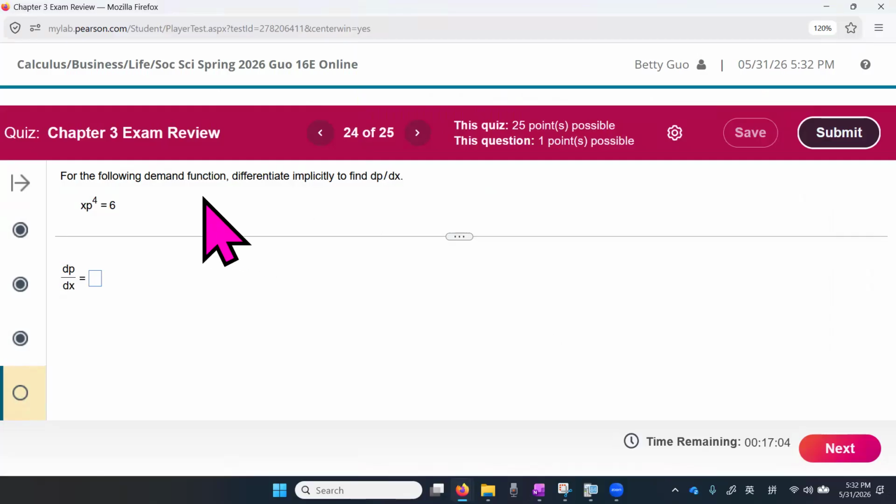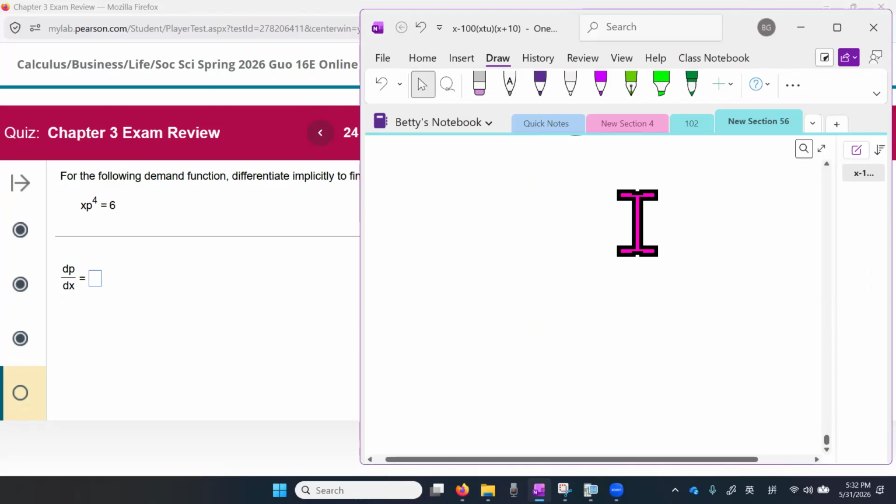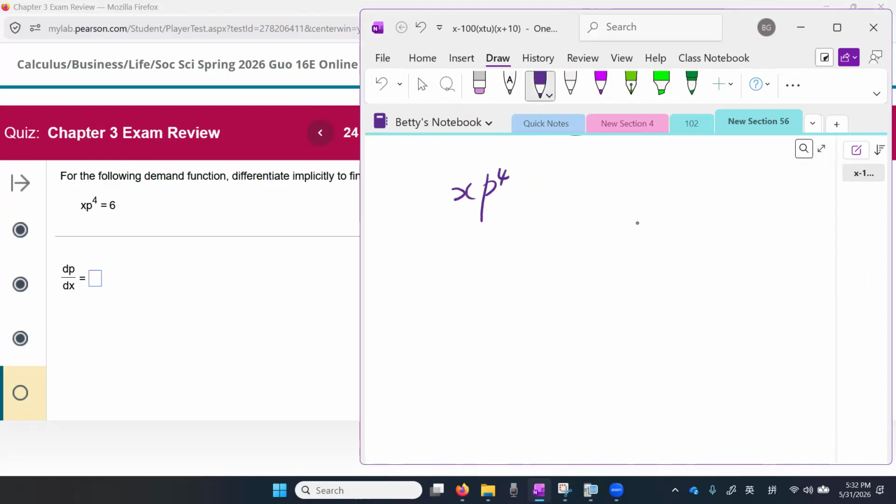For the following demand function, differentiate implicitly to find dp/dx. Same as earlier. This one is going to use a product rule. x p to the fourth equals 6. We're going to take the derivative of the left side and the right side of the equation with respect to x. On the left side, we're going to use the product rule.